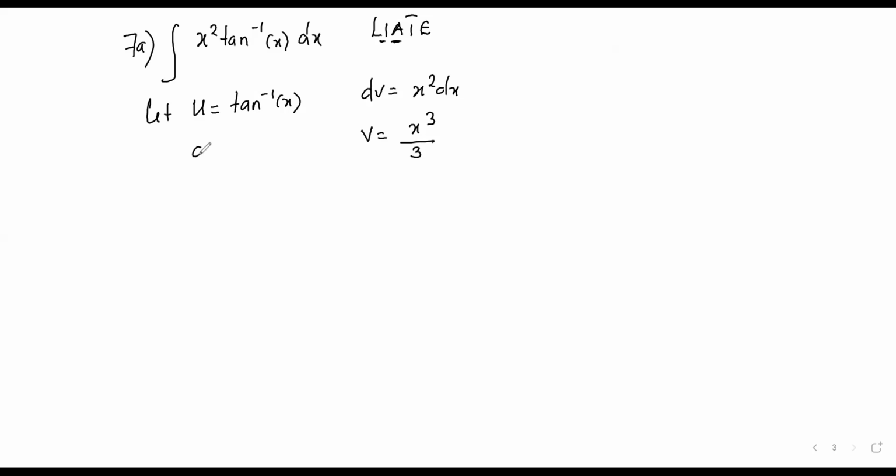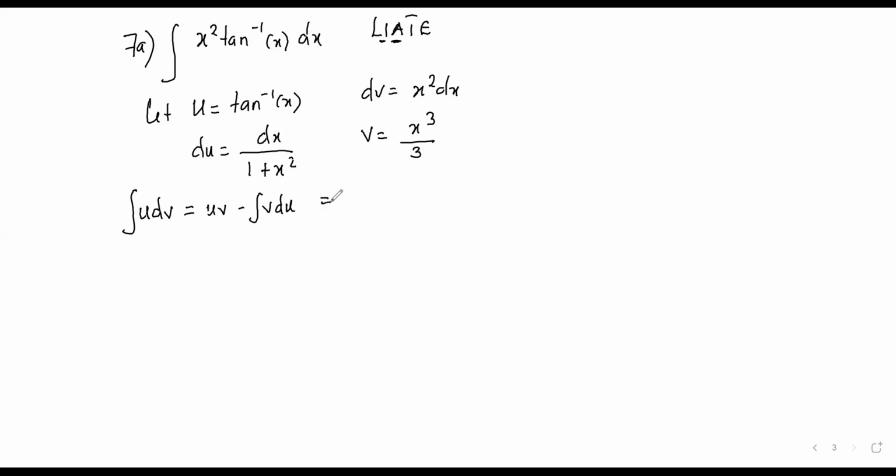So our du, we differentiate u now. Our du is going to be dx over 1 plus x squared. Then we do the combination. So we know that the integral of u dv is uv minus the integral of v du.